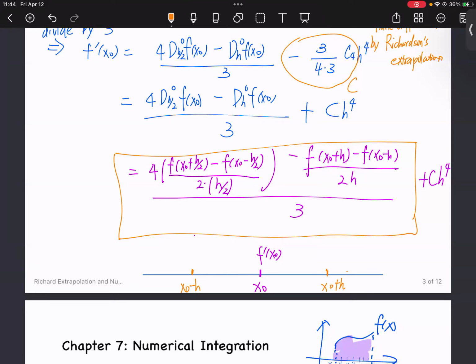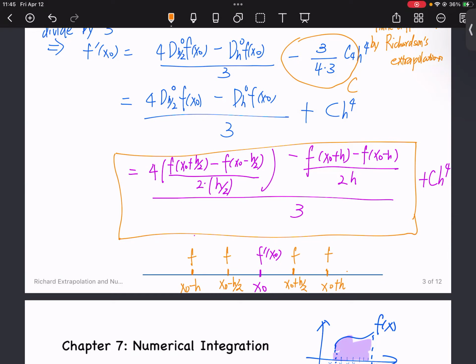And there are 2 other points in the formula. That is x0 plus 1/2 of the step size, and another point is x0 minus 1/2 of the step size. And we are using the raw data here, which means we are going to use the f values at these points.